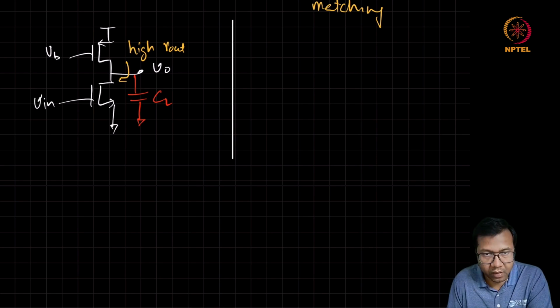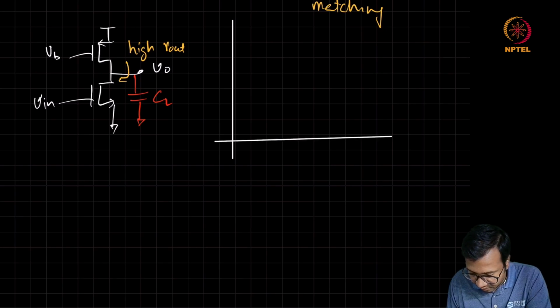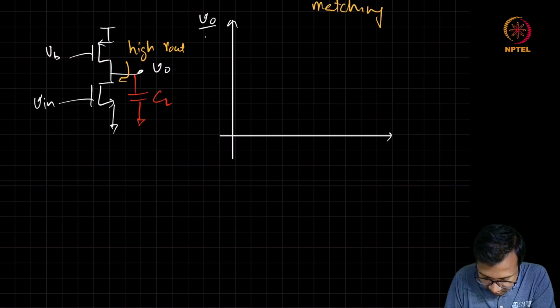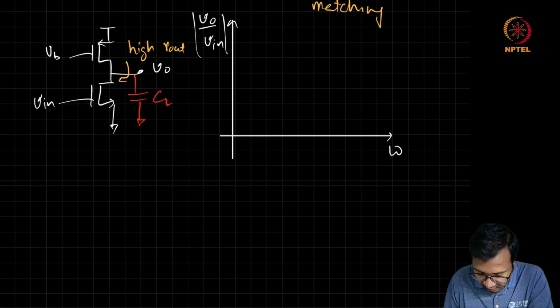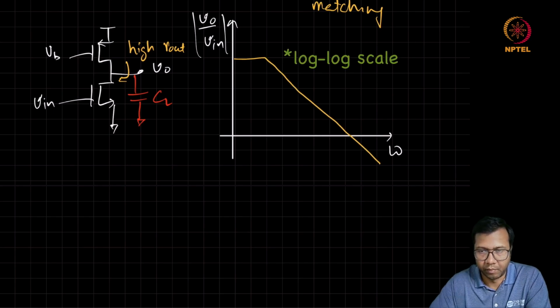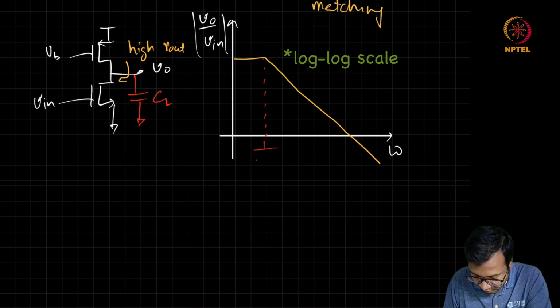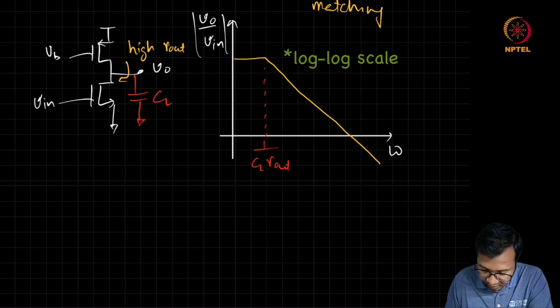Here we are ignoring the input parasitics completely, just looking at the output parasitics. That itself, we can see that as VO by Vin frequency increases, we are going to see a pole at a very low frequency. The frequency is 1 by CL Rout, whereas we may be operating somewhere here.